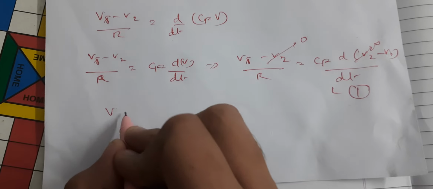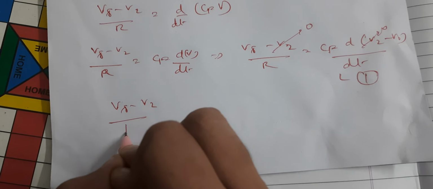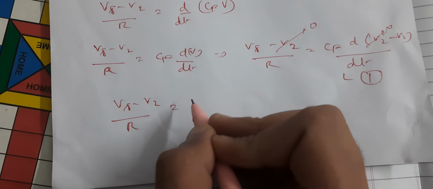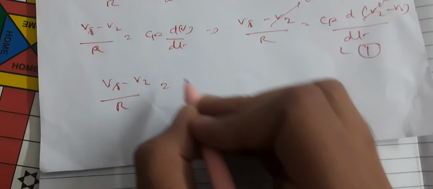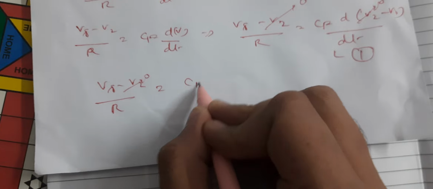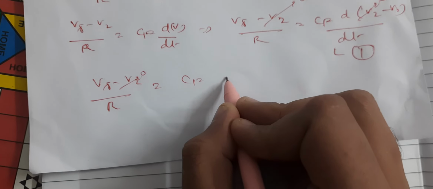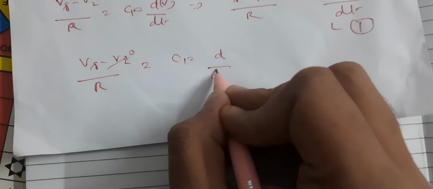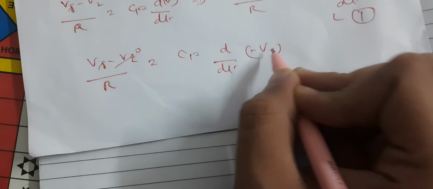So we will get Vs by R is equal to CF d by dt into minus V0.